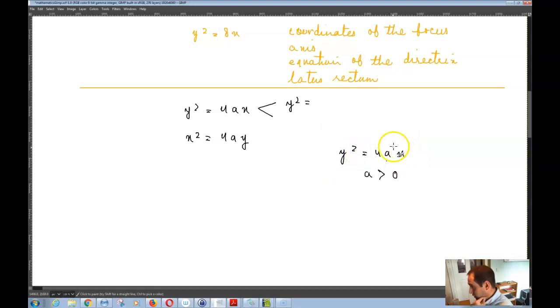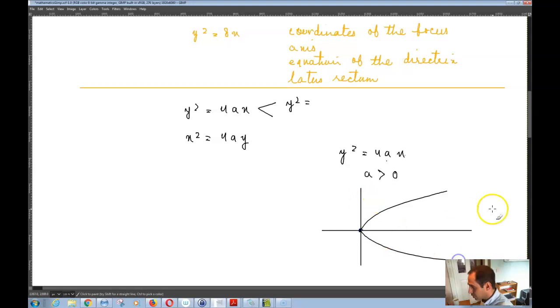So then x can take only positive values, and that's basically why your parabola starts from here and goes the other way on the positive axis. So since a is greater than 0, x has to be greater than or equal to 0.